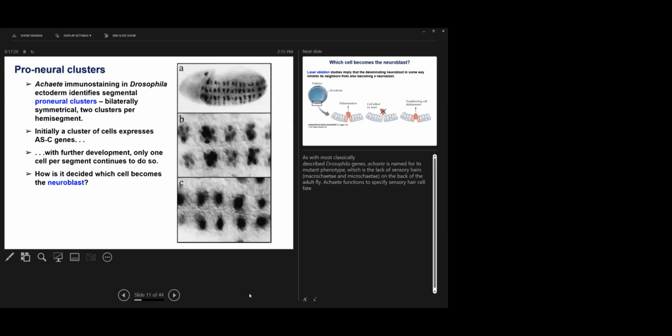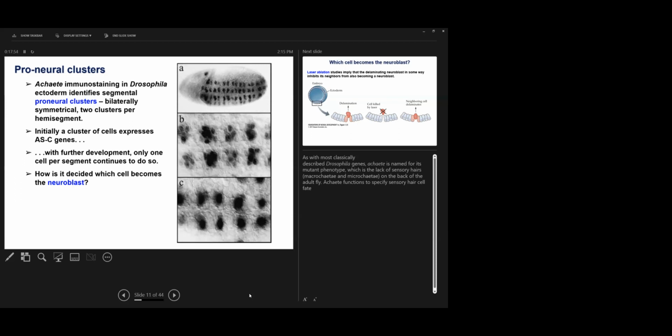Okay, so here immunostaining has been done in the Drosophila embryo, showing the expression of pro-neural clusters. Each hemisegment contains 2 clusters. So you have 1 cluster here, 2 clusters in one hemisegment, and 2 clusters in another hemisegment. It is expressed throughout the body.